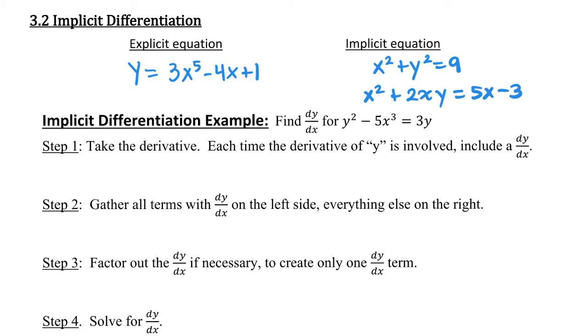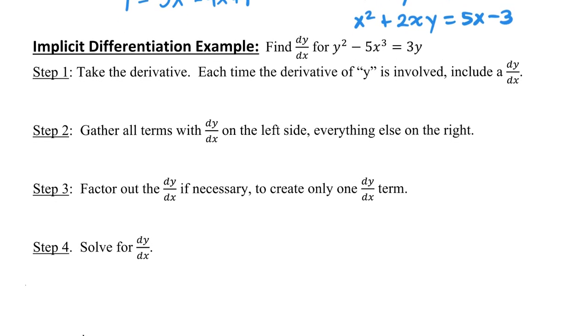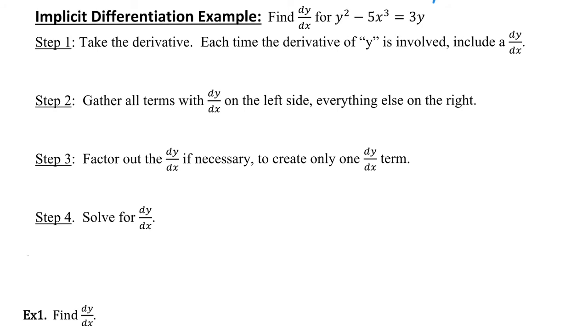Okay, so these are the steps for doing implicit differentiation. I'm going to look at this. This is an implicit equation because I have y's over here, I have y's over here, and there's no easy way to isolate the y. I'm still going to take the derivative, but each time the derivative of y is involved, I'm going to include a dy dx, because the derivative of y is dy dx.